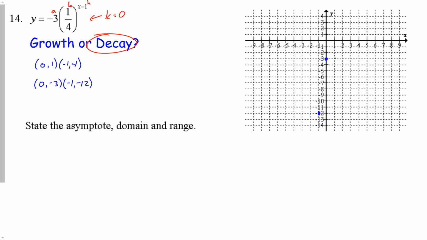So if I move both of my points to right 1, because my K value is 0, I also know my asymptote is y equals 0. So that is this x-axis. And again, your graph should always curve towards your asymptote. So as we get towards it, it's got to start flattening off.